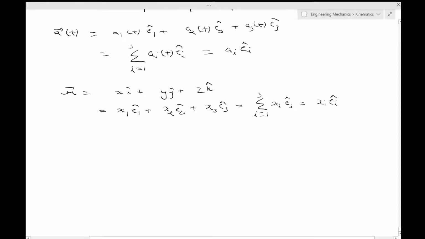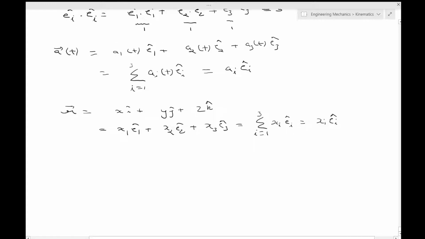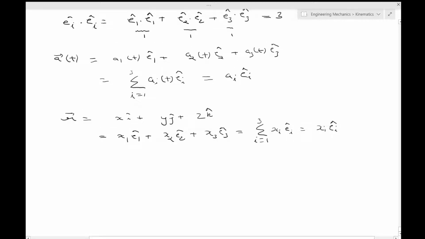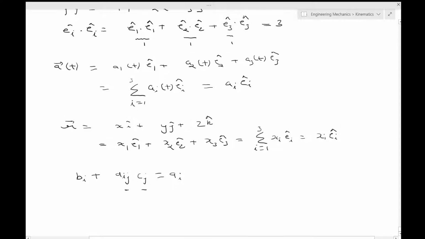For example, if we have been given that bi plus dij cj is equal to ai, you see there is a repetition over j. You have to only see the repetitions in the product, not in the summations. Everywhere which you see in the example, you cannot say that i and i are repeated index, that's not there.